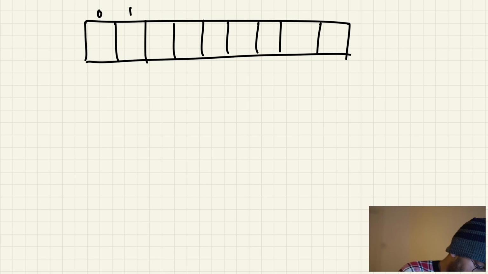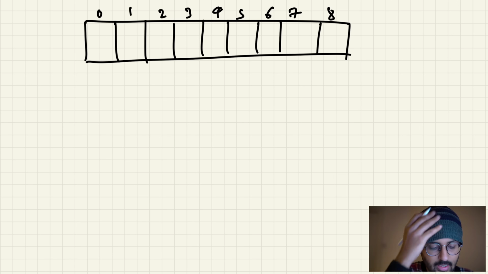Let's say I'm storing it in an array. The idea is that it contains some elements and I ask, does this element exist in the array or not? Give me the answer in constant time, or better, just return the index where it is stored.